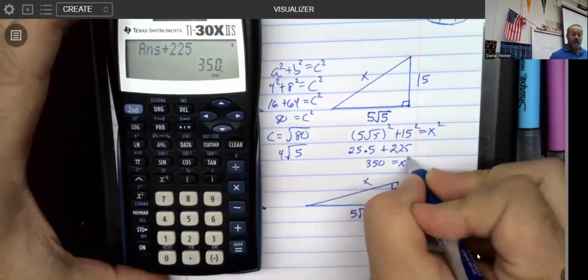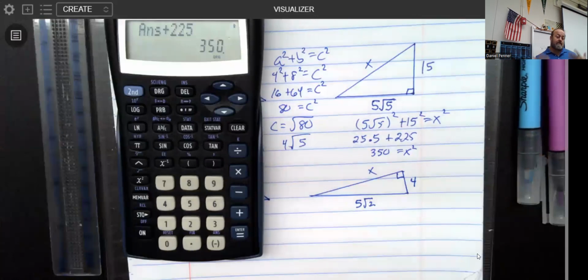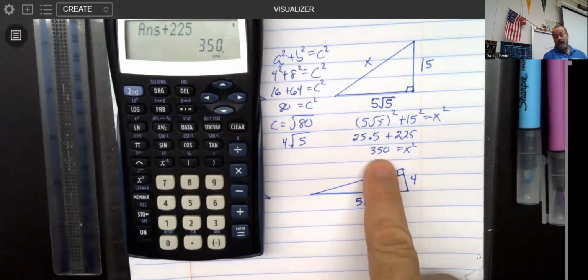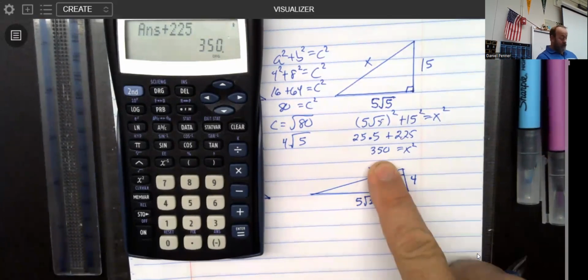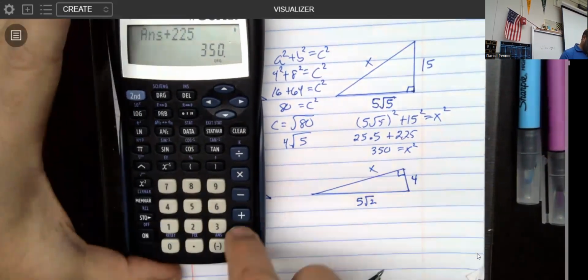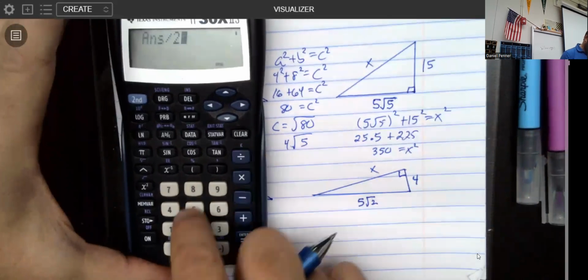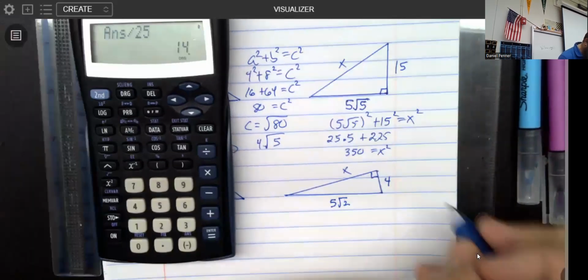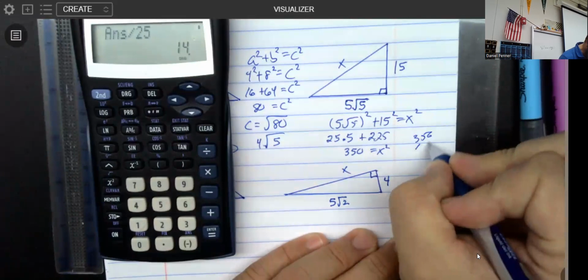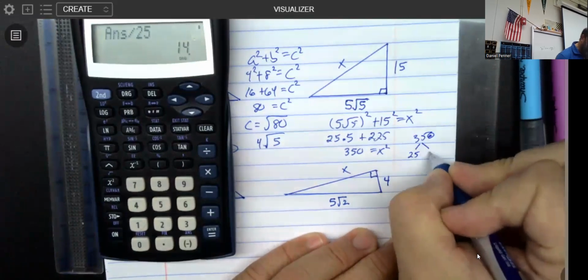Now, again, I'm not totally sure what everything is, but I know that 350 is definitely going to be divisible. If you think about it, $3.50, you could totally make it out of quarters. So I know I could break 350 by 25. And so I've got 350 is 25 times 14.